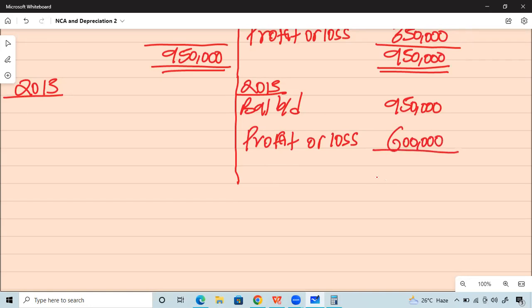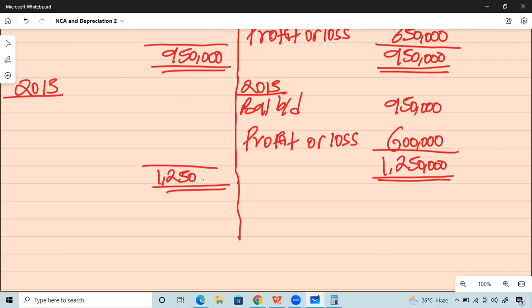So you close the two accounts. 600 plus this is 1,250,000. And close the account as well. 1,250,000. So the balance carried down is 1,250,000.